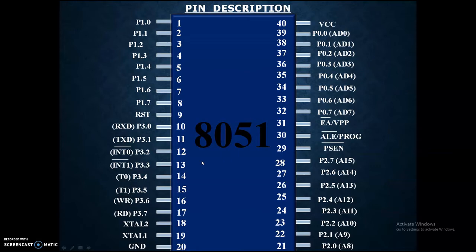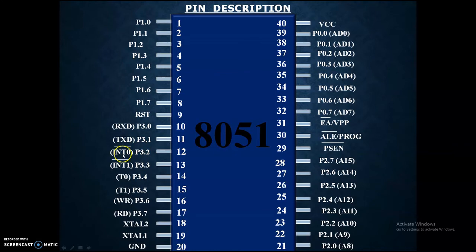There are dual activities of these pins. Like P3.0, port 3's first pin, acts as the receiver, whereas P3.1 acts as a transmitter. That is, P3.0 and P3.1 act as the serial communication device.